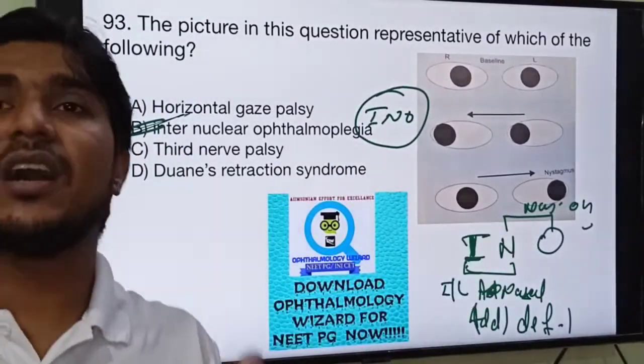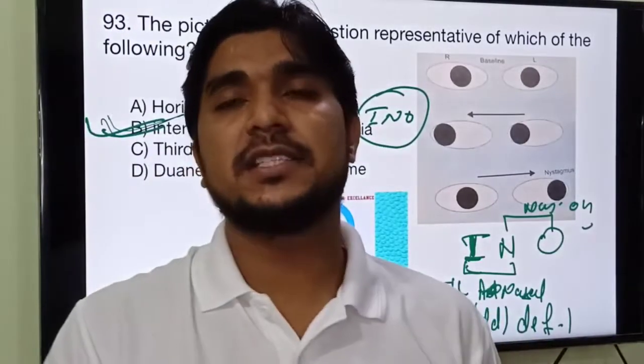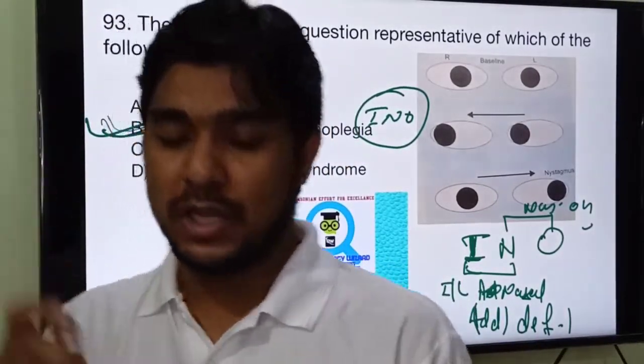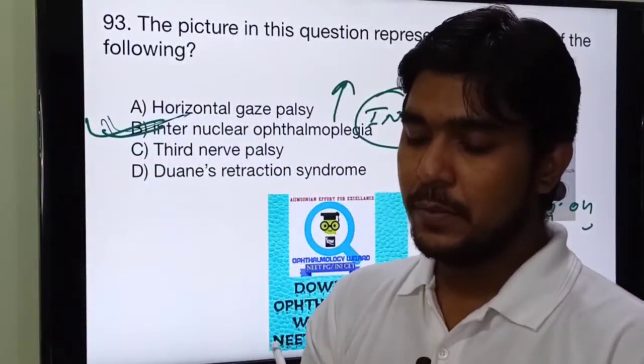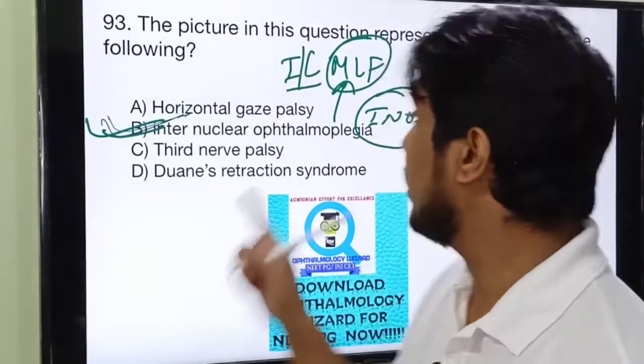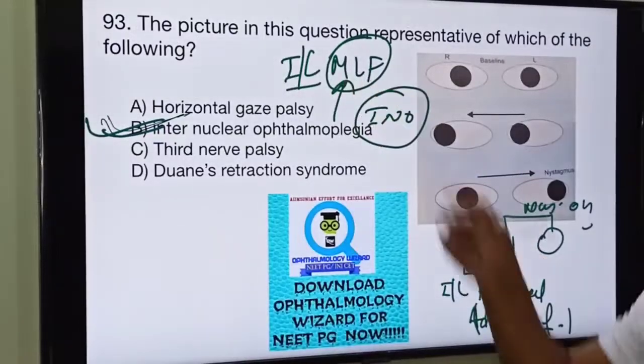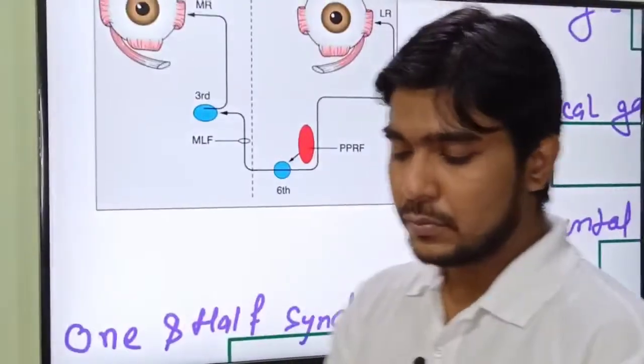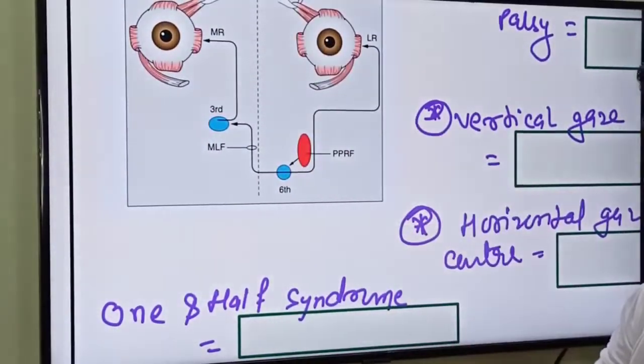And what is involved here? It is the medial longitudinal fasciculus. The lesion will be in the ipsilateral MLF, medial longitudinal fasciculus. Coming to this point, this is the horizontal gaze palsy.